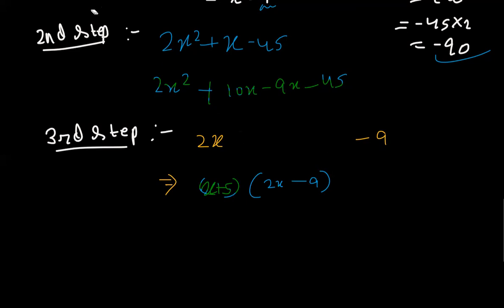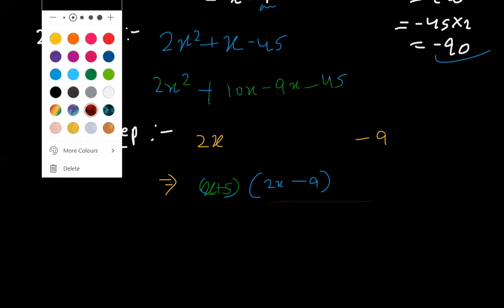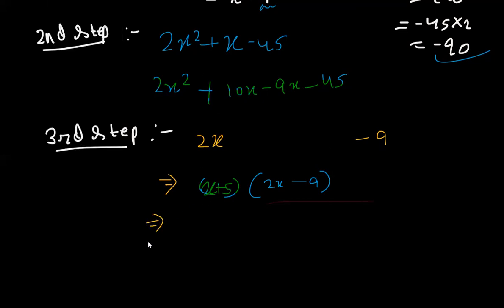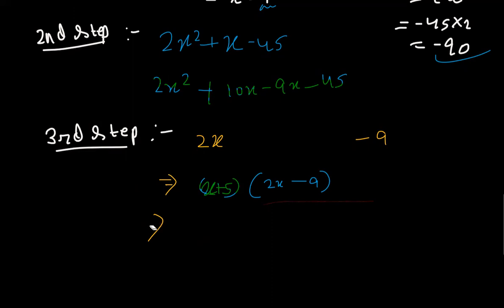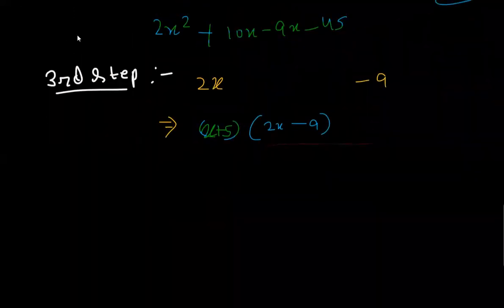Then we will write 2x minus 9. Now x plus 5 into 2x minus 9. We have just factorized. So the third step is completed. Let us go to the fourth step.